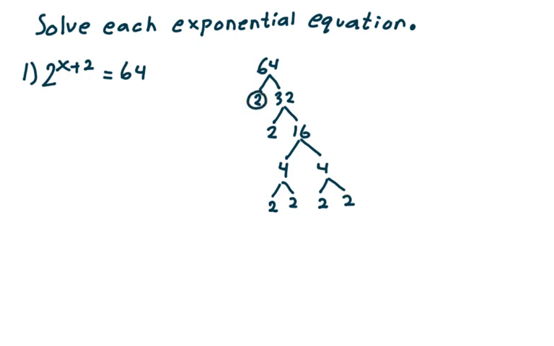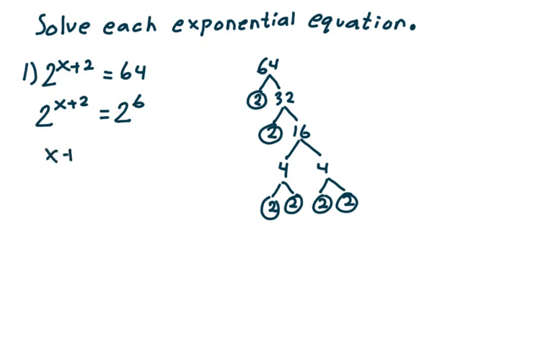If I count up all these 2's, I get 1, 2, 3, 4, 5, 6. So it turns out that 2 to the x plus 2 is equal to 2 to the 6, which says x plus 2 must equal 6. If I solve for x, I get x equals 4. And that's how you do problem 1.